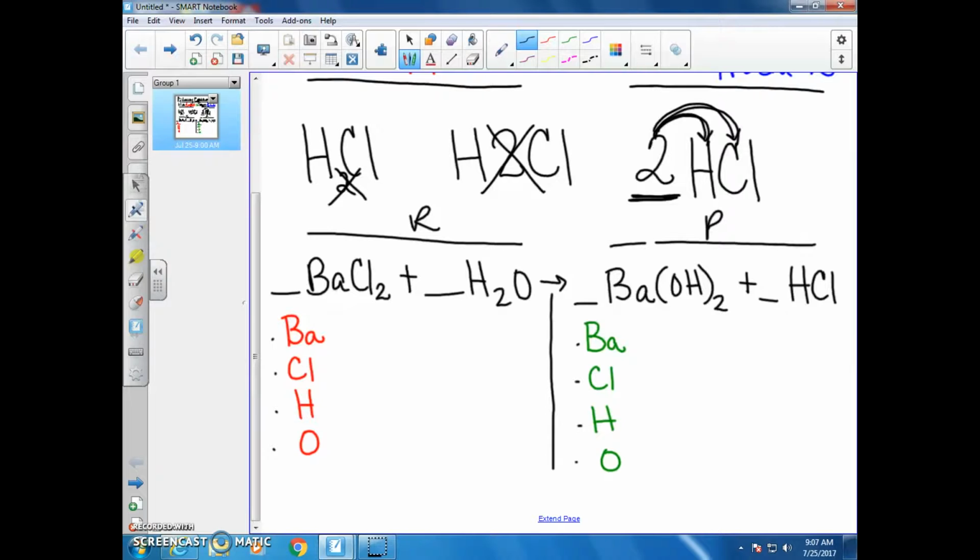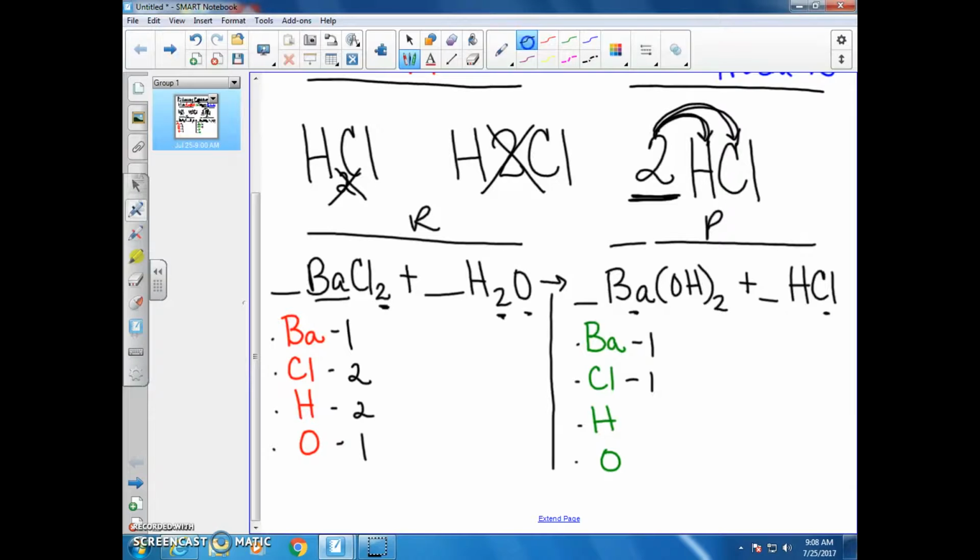Okay, we're going to tally up. On the reactant side, we have one Ba, two Cl's, two H's, and one O. On the product side, we have one Ba, and one Cl, and here's where it gets a little tricky. Let's do the O's, and then we'll do the H's.